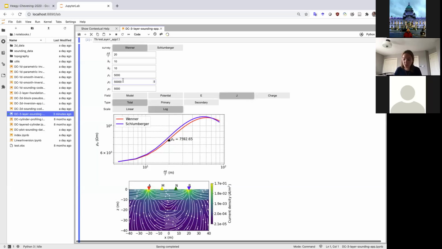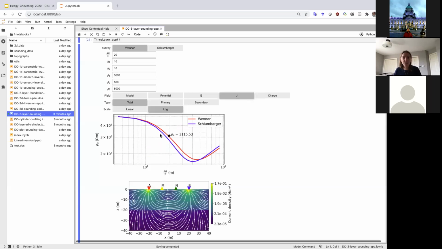A couple other things to look at. Let's go back to a conductive layer. This star here is the specific datum that we're looking at given this setup. But what happens now if we move, for example, the A and B electrodes closer together? Here the apparent resistivity is just over 3,000.